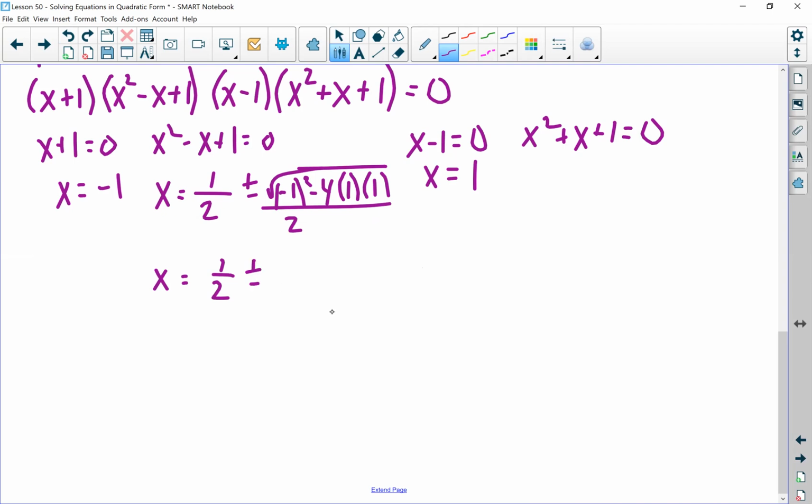What is negative 1 squared? Yes, 1. 4 times 1 times 1. 4. So I have 1 minus 4, which is negative 3. So to get rid of that negative, I'm going to put an i outside of the square root symbol. And you can put it wherever you want. I'm going to do it this way.